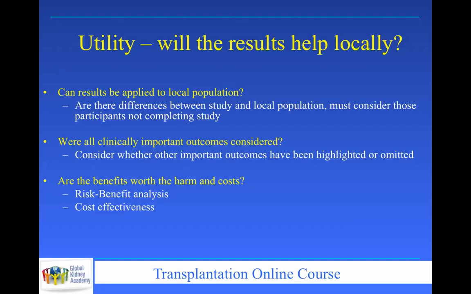It may be justified, but the number needed to treat is too high. You have an intervention which is very effective, but in order to increase allograft survival in one patient, you need to treat 1,000 patients. That is neither cost-effective nor risk-benefit favorable. So the number needed to treat is important.